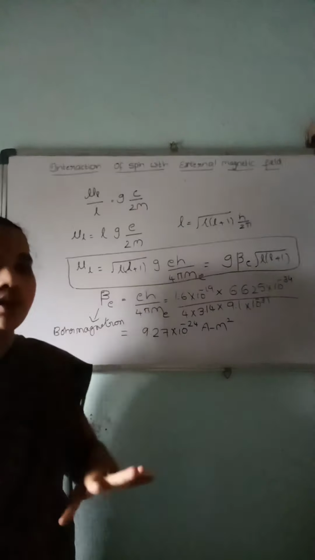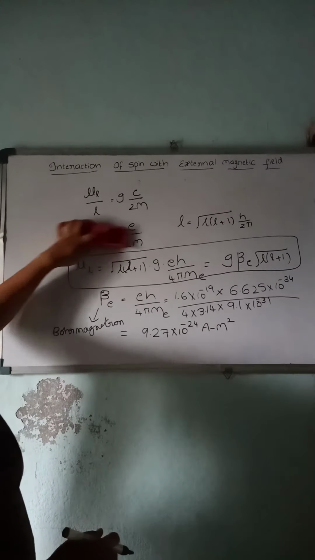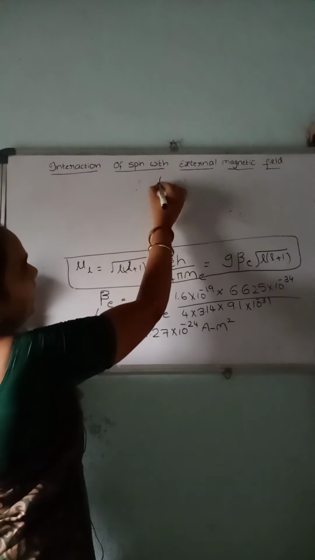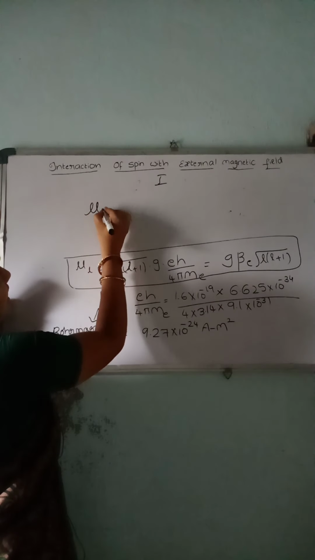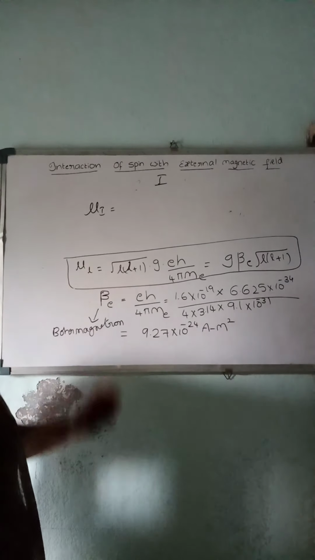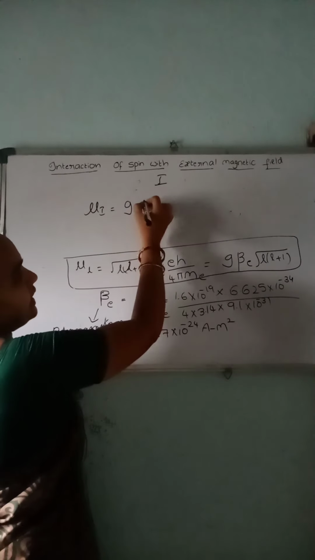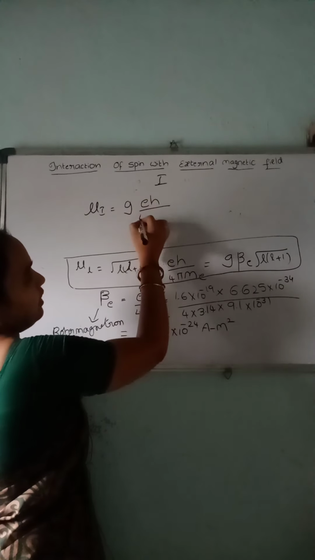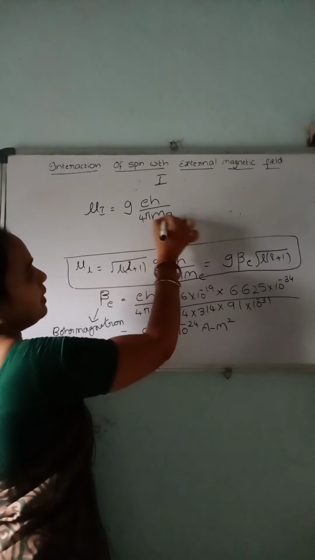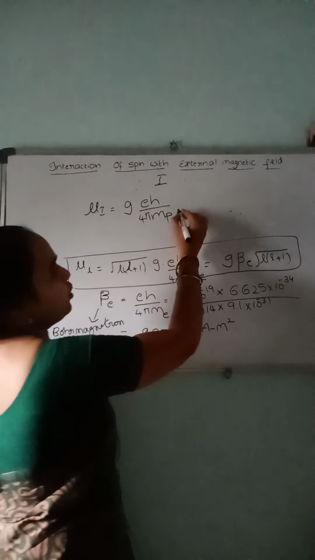Likewise, the nucleons will also possess some magnetic dipole moment. So the nuclear spin quantum number is represented with the letter I. Similarly, the magnetic dipole moment associated with the spin, mu I, can be written as g, the Landé splitting factor, times e h by 4 pi, where instead of me we replace it with the mass of the proton, times root of I into I plus 1.